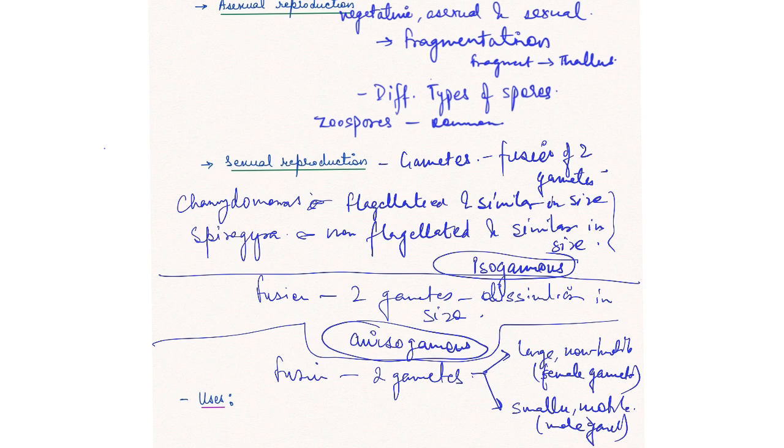In this case, the reproduction is known as oogamous. Okay, so it happens in Volvox.